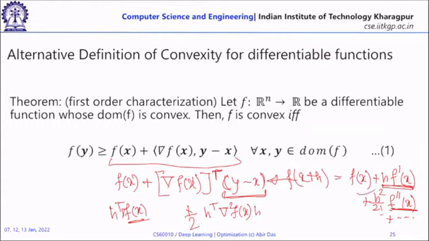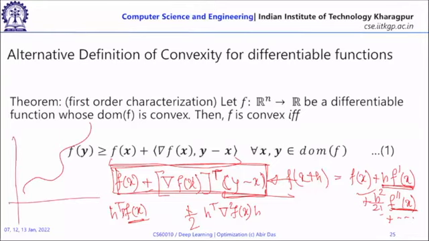If I take just the first two terms, it's a linear approximation of the function. What does it mean? Suppose you have any arbitrary function like this. If you find these two terms at this point x, you actually get a straight line like this.